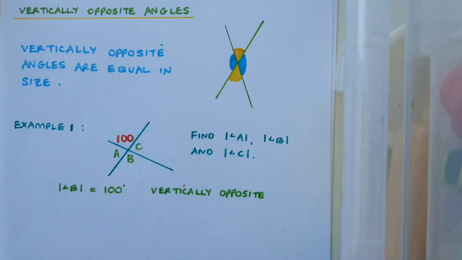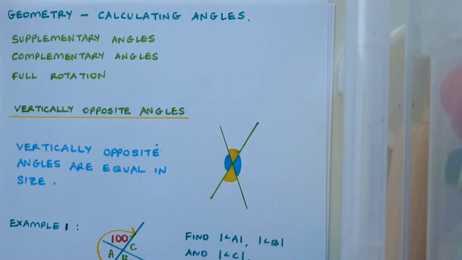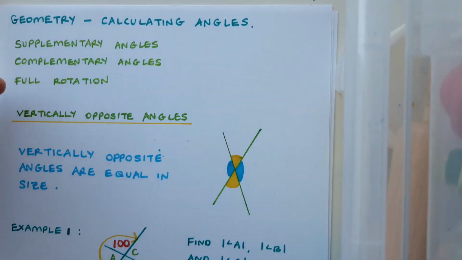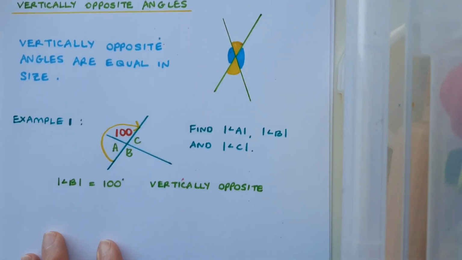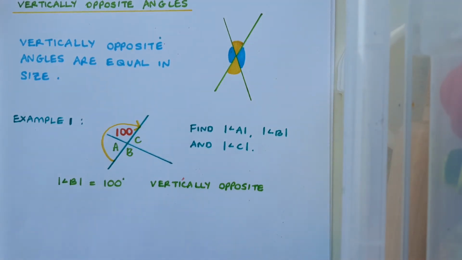Next, I'm going to find angle A. Notice that angle A and 100 are side by side on a straight angle. This means they add up to 180. Can you remember the name of this rule? It's one of these from the top of the page. Well, the rule that we're talking about is supplementary angles.